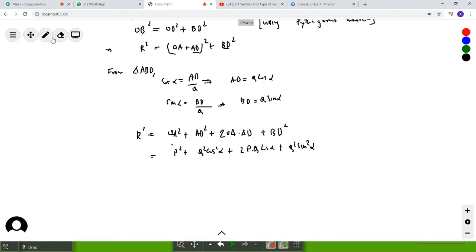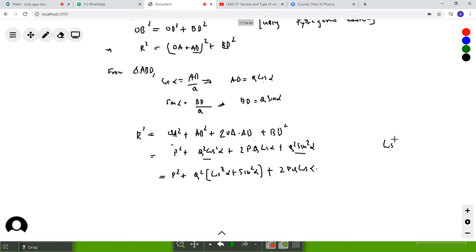Can I write it this way? Yes, sir. Now can I take this one and this one common? So P square, plus Q square times cos square alpha plus sin square alpha.